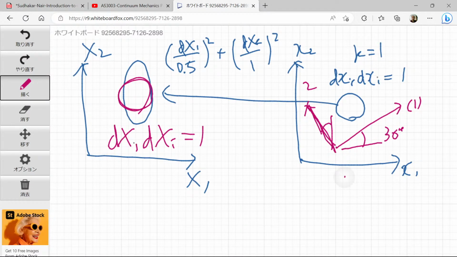So this way, your ellipsoid becomes like this. It's interesting, right?